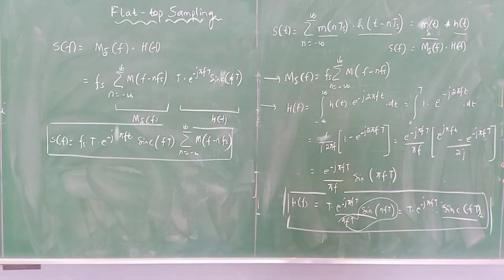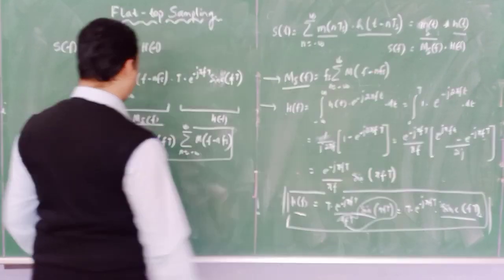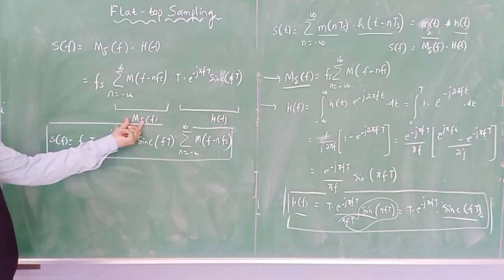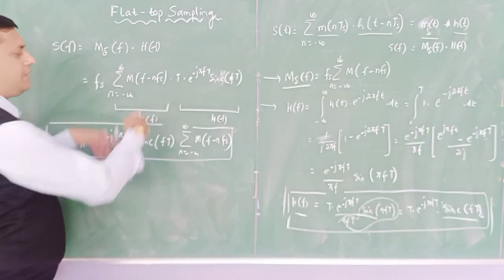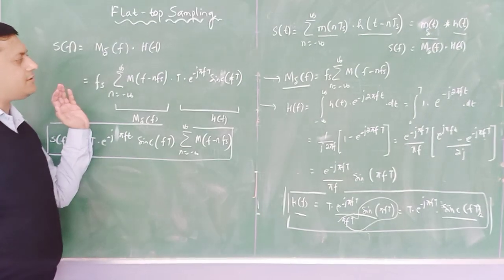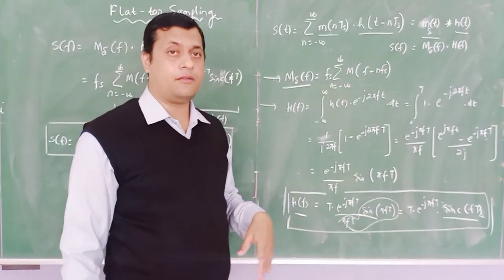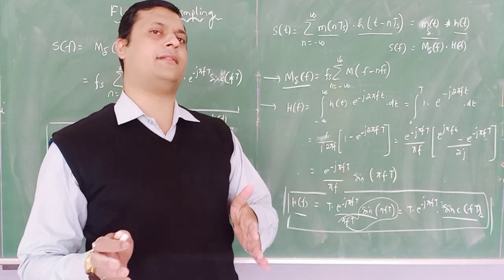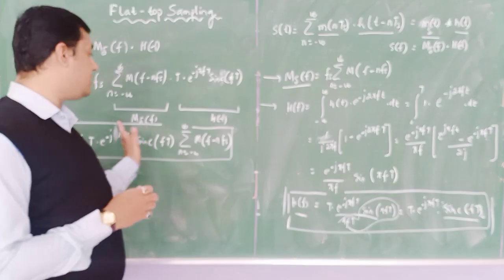So m delta of f and H of f are substituted. This is our m delta of f and this is our H of f. When these two are multiplied, again it forms in terms of a sinc function. That means the spectrum for natural sampling and flat top sampling are quite similar, because in both cases there is the sampling sinc function, and its amplitude is also valid.